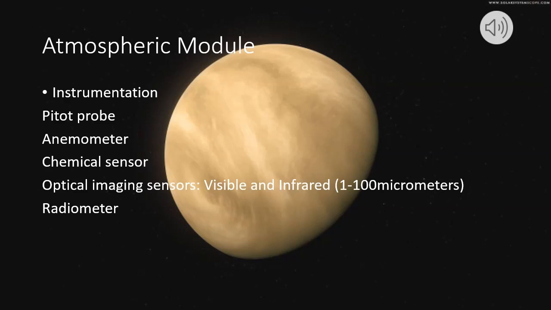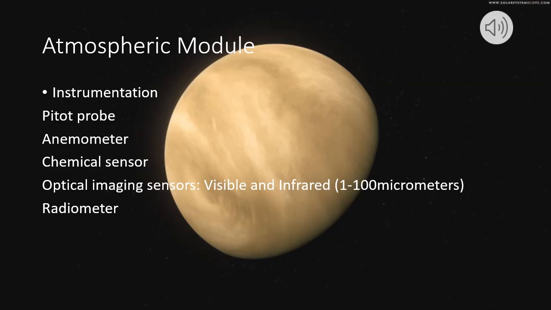So as embedded instrumentation, we'll have a pitot probe, an anemometer, a chemical sensor, of course, and also optical imaging sensors that will be able to catch images in a wavelength between 1 and 100 micrometers, and a radiometer.